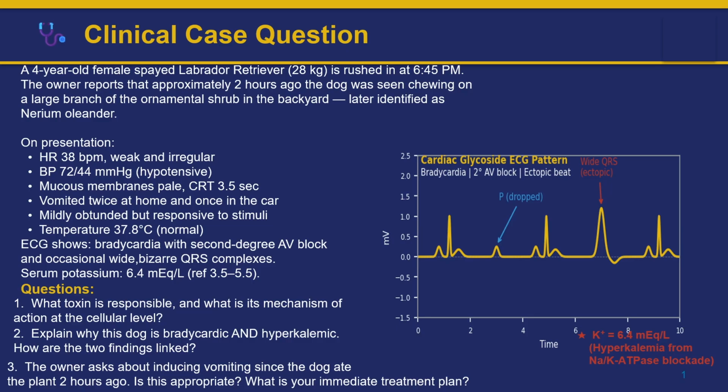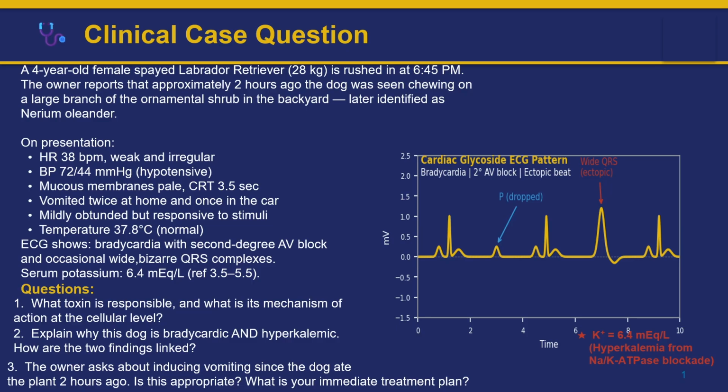Potassium redistributes out of cells from the intracellular space into the extracellular space and then into the bloodstream. This is a transcellular shift, not a failure of renal potassium excretion. The result is hyperkalemia.